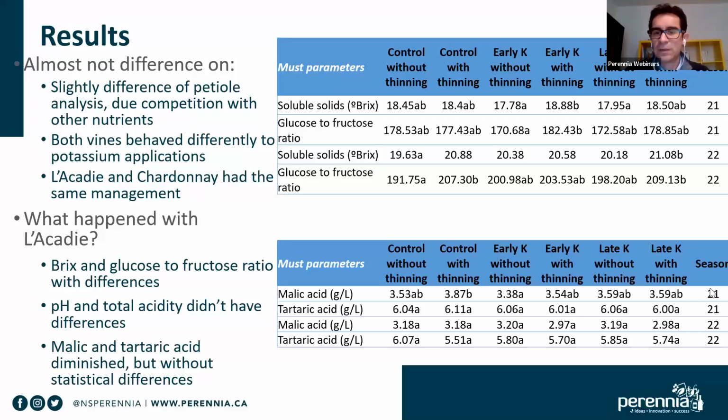Again, as we already mentioned, we didn't see big differences. Mainly in 2021, we saw some, especially in the early potassium without thinning. Overall, not so much, and in 2022 they were not so big either.